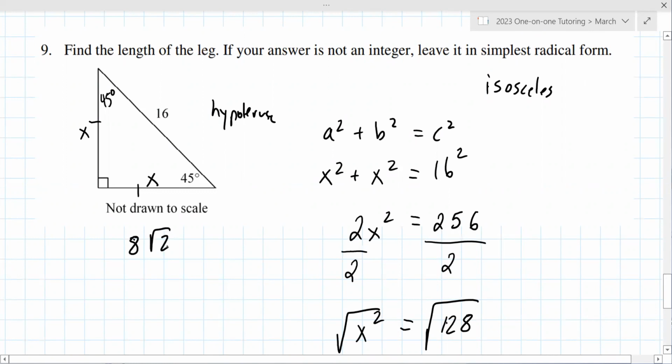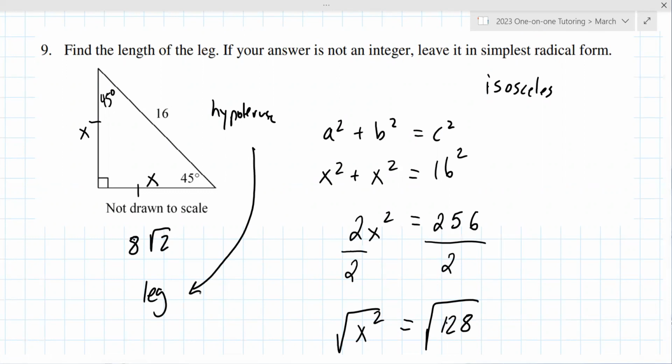So the question is, is there a better way to go from the hypotenuse to the leg? Any questions on that? That right there, the square root of 128.